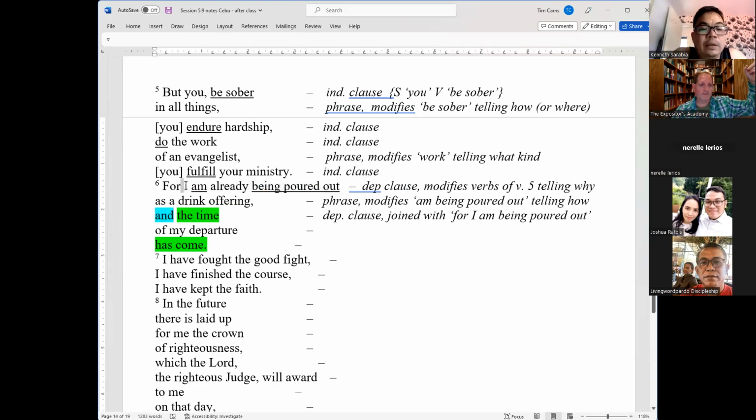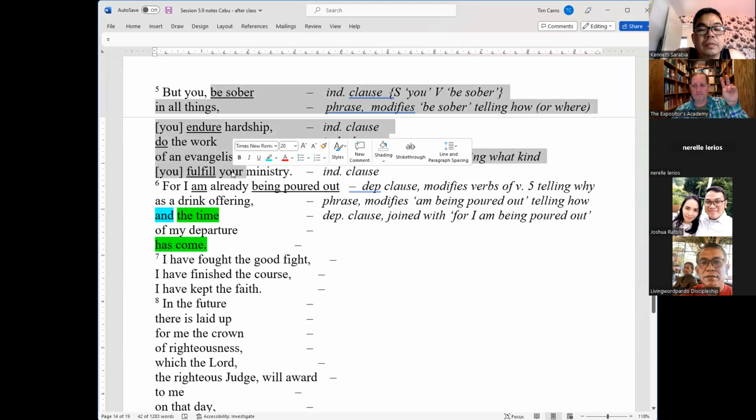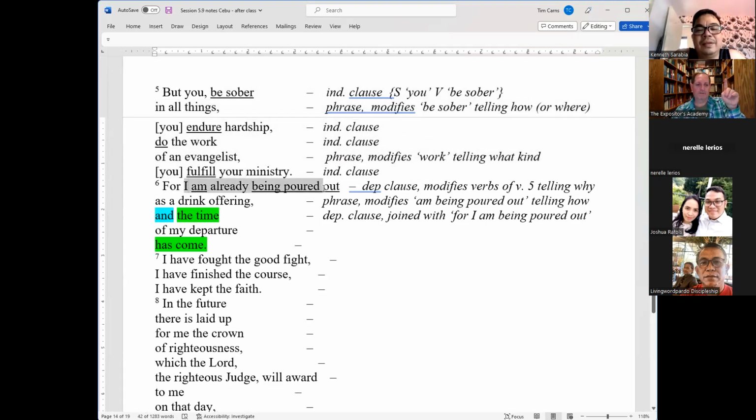This dependent clause, "I am being poured out," modifies the verbs here. Therefore, "the time has come" also modifies the verbs. Therefore, it's the second reason Paul tells Timothy these commands. The first one is, I'm being poured out as a drink offering. The second reason is, the time has come.